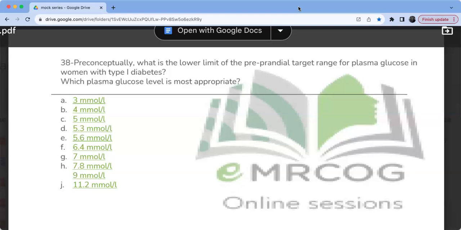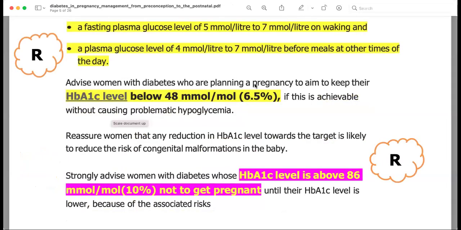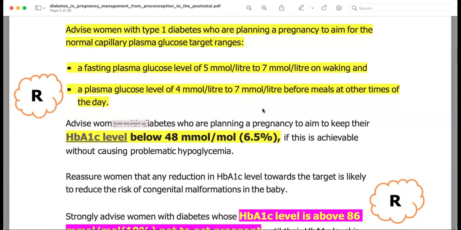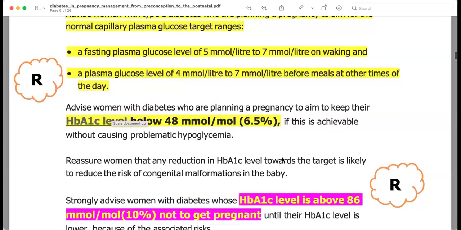Advise the woman with diabetes planning pregnancy to keep their hemoglobin A1c below 48 millimole per mole, or 6.5 percent. We advise them not to get pregnant if the hemoglobin A1c is 86 millimole per mole, 10 percent.